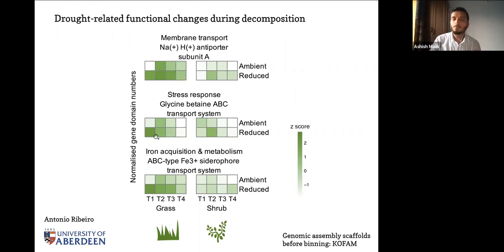So there are more populations having those genes in the drought treatment in both grass and shrub vegetation. And I'd like to acknowledge work by Antonio Ribeiro, who's at the Genome Center in Aberdeen, and he's working part-time with me through the funding that I received to start as a starter at Aberdeen.